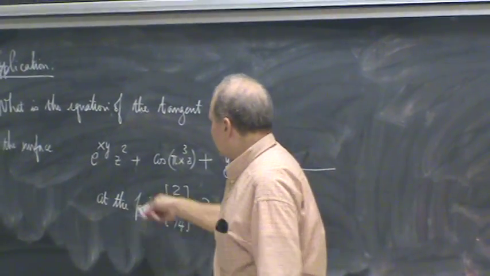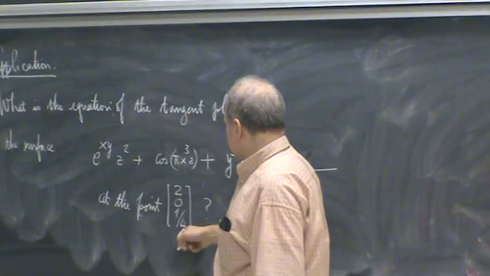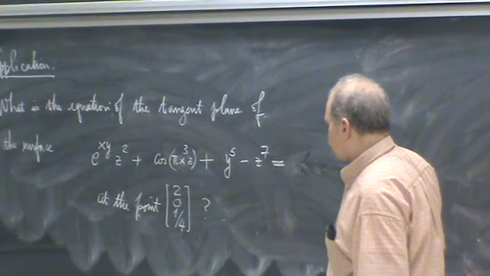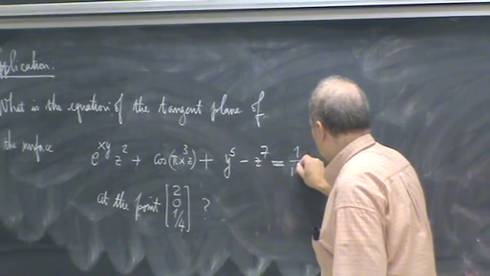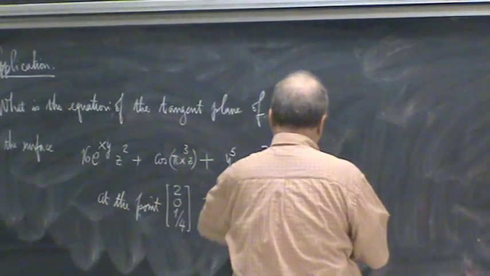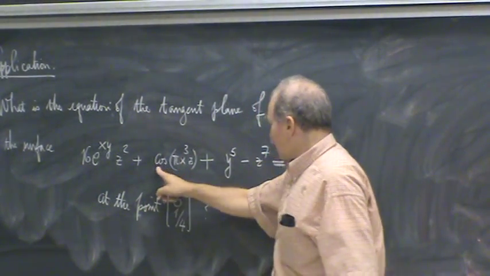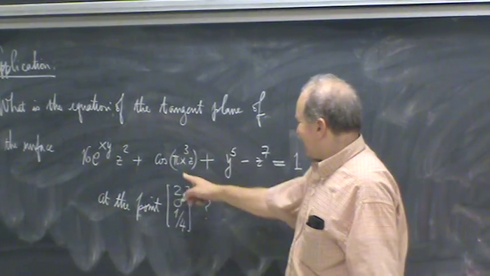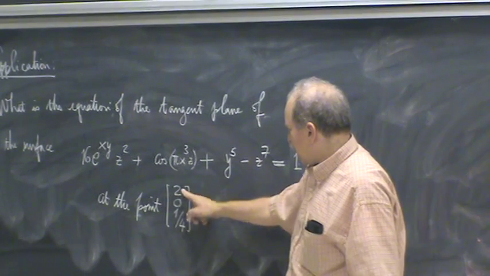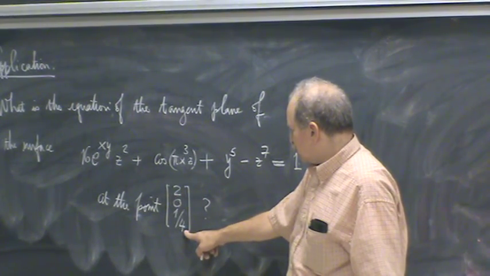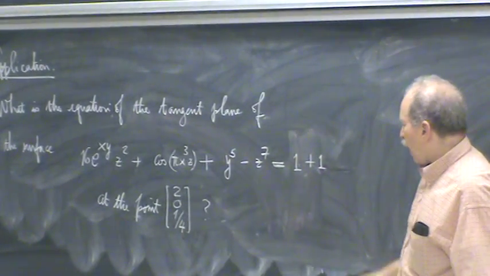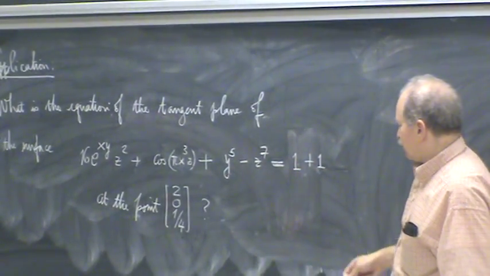Let's see, what do I get? e to the xy times z squared: 1/16. Yeah, it is 1/16. That is sort of horrible. So maybe, I'll tell you what, I'll put a 16 there. 1, cosine of pi x cubed z: x cubed is 8, or 2 pi. Cosine of 2 pi, 1. y to the fifth, 0.